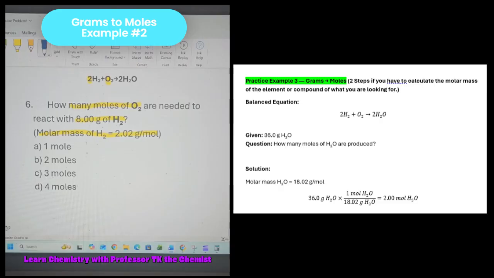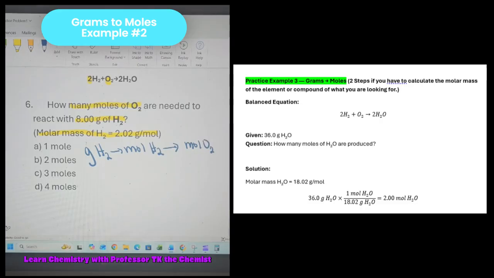They're asking you to go from grams of hydrogen to moles of hydrogen to the moles of oxygen. Use those steps as you go through your process.